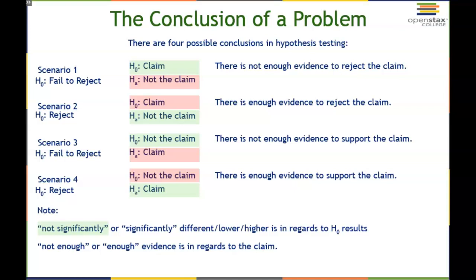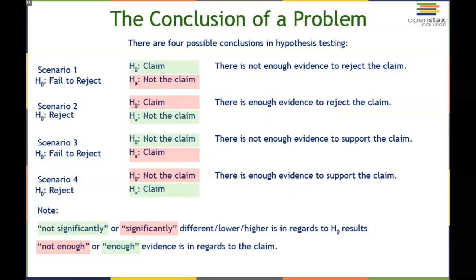If it is significantly different, lower, or higher, then we're going to say we reject H0. The not enough and the enough evidence is in regards to our claim. So if we say there's not a significant difference in H0, then we're going to fail to reject H0.